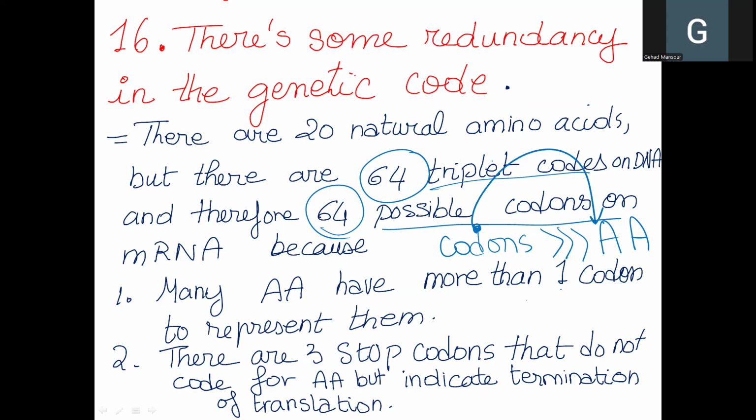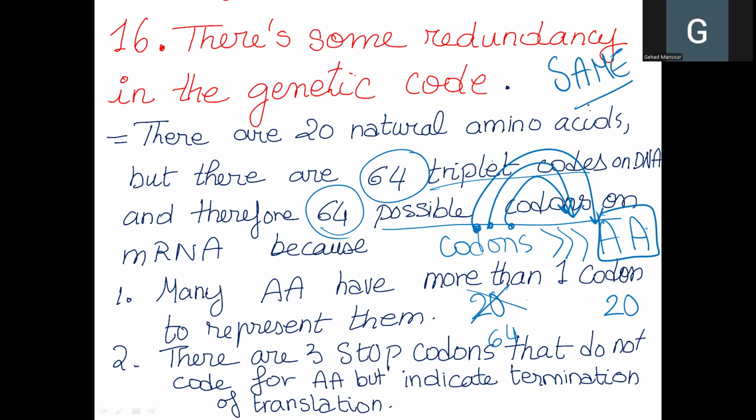So we are expecting, since the number of amino acids is 20, that the number of codons is 20. The fact that the number of codons is 64 means one simple thing, that it's not only one codon that represents the amino acid, but I might have 2 or 3 codons that code for the same amino acid.